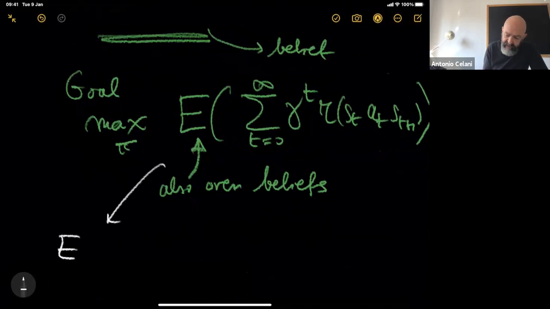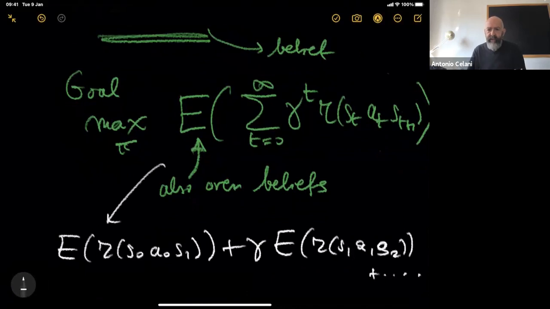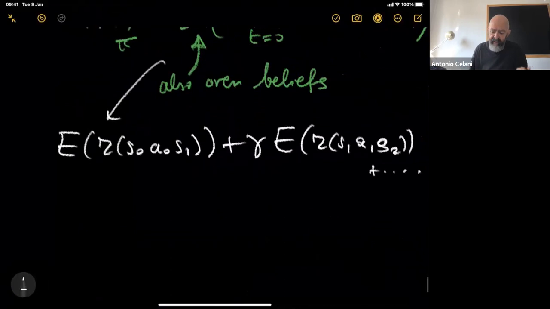If I make this object explicit, it's just the expectation of the reward at S0, A0, S1, plus gamma times the expectation of the reward at S1, A1, S2, and so on and so forth. Let's write explicitly the first two terms in order to see where the beliefs come into play. It's already clear at the level of the first term.